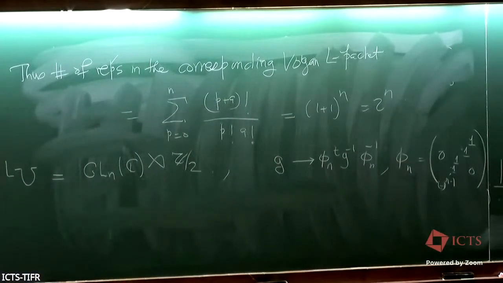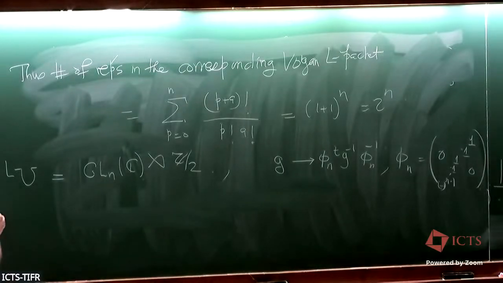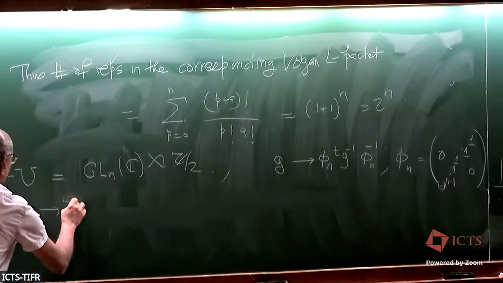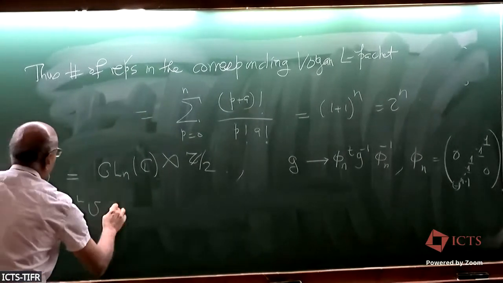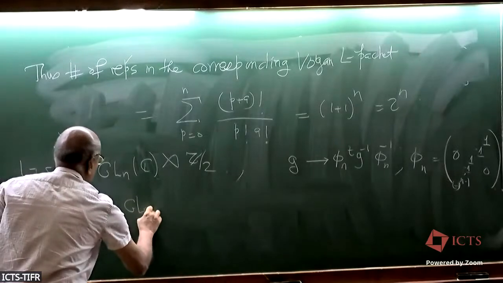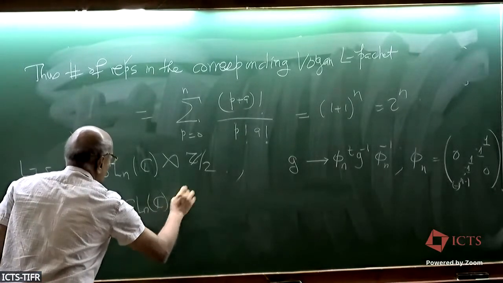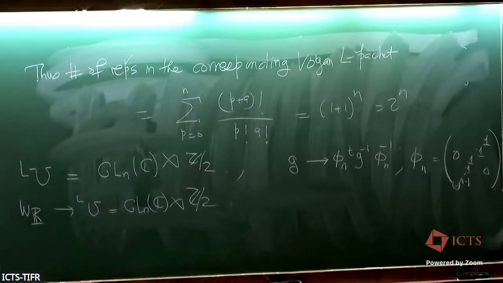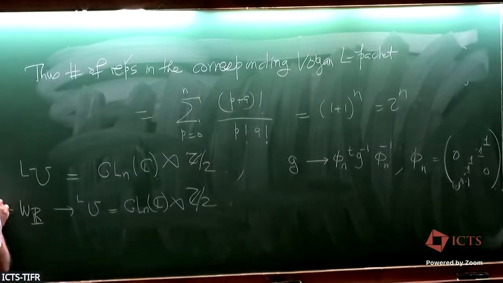So this is the L group of the unitary group. And the parameter is a mapping from W_R to the L group of U, which is GL_n(C) semi-direct product with Z mod 2. This W_R contains W_C, which is C star.